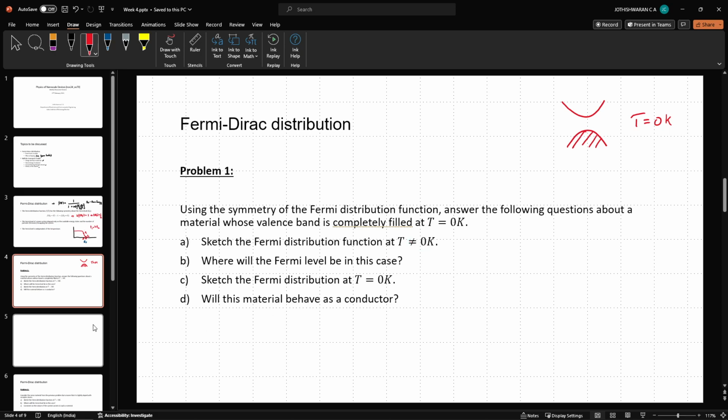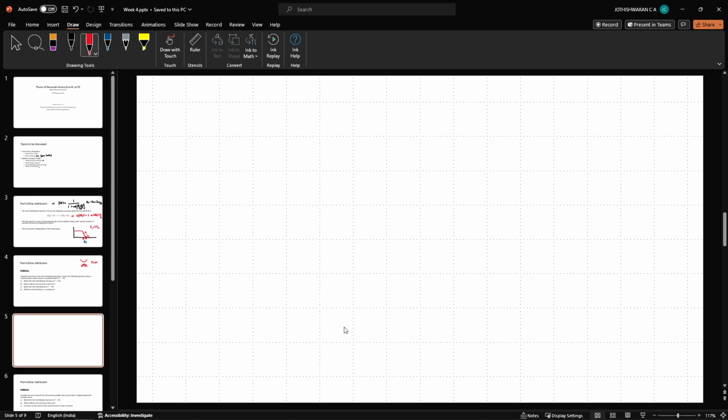So how do we go about doing this? Generally in such problems, we first sketch the band diagram, so that we define our energy levels. So we have our conduction band and we have our valence band. The curvatures are just representative. These are not the actual curvatures of the band.